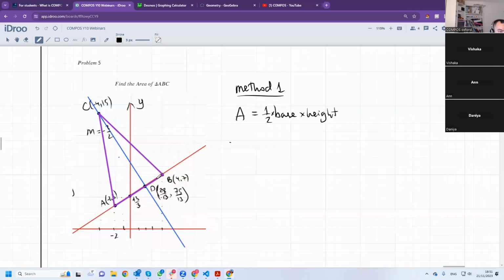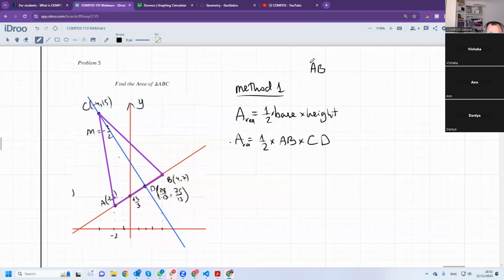The base is AB, multiplied by the height, which is CD, which we already know. So we need to find AB.